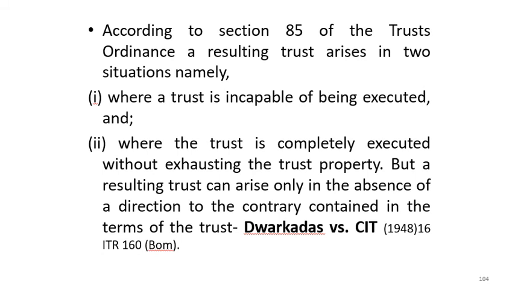Suppose the terms and conditions of the trust provide that the balance property should be given to somebody, then there is no resulting trust. Only in the absence of directions to the contrary contained in the terms of the trust does a resulting trust arise.